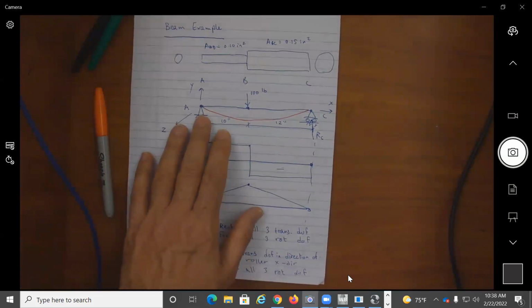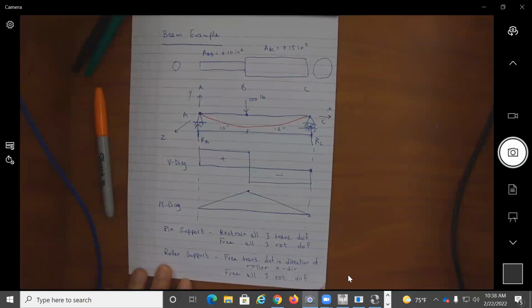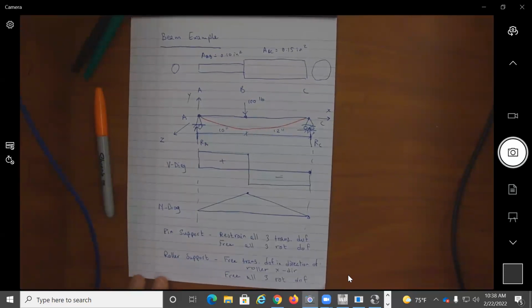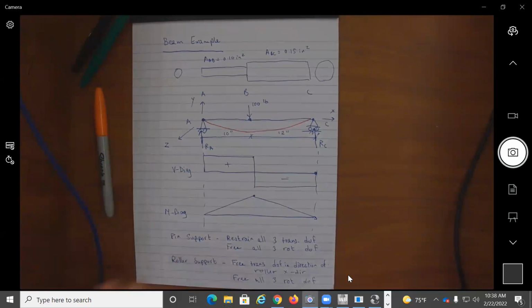For this problem, I don't have a fixed support. But what would a fixed support do? A fixed support, like when we have a cantilever, is like a wall, like attaching something to the wall.